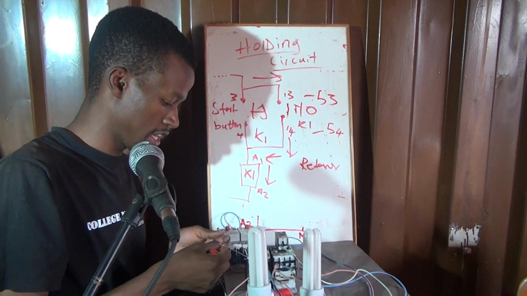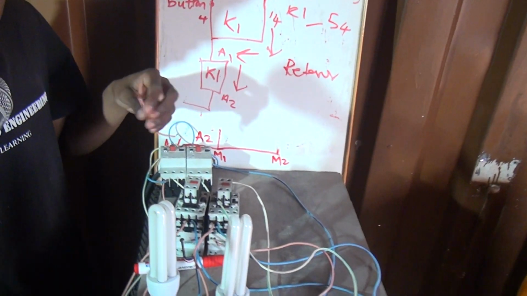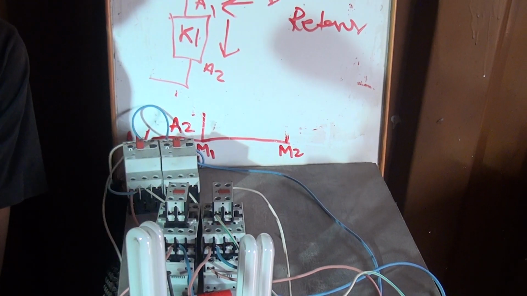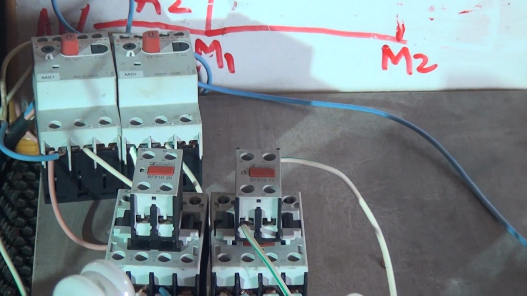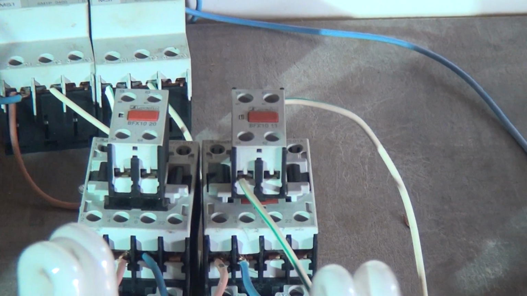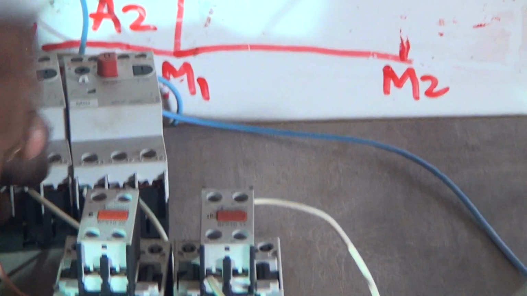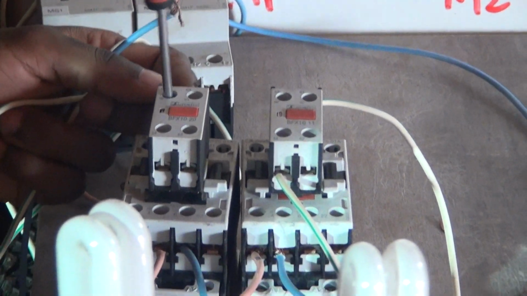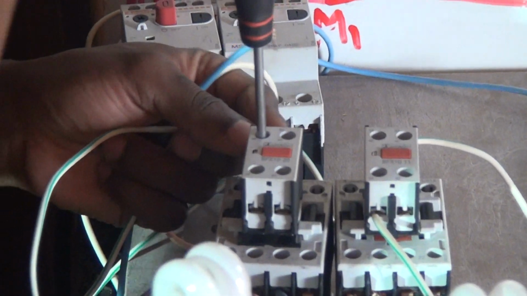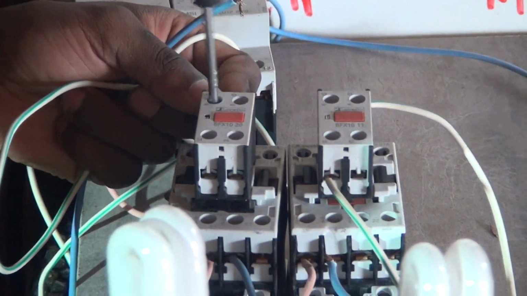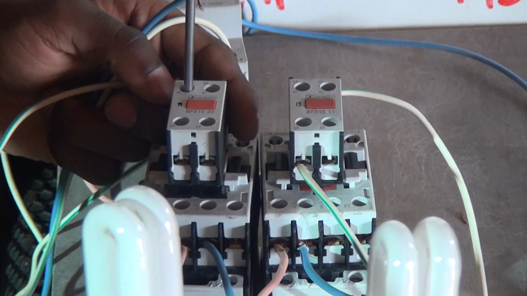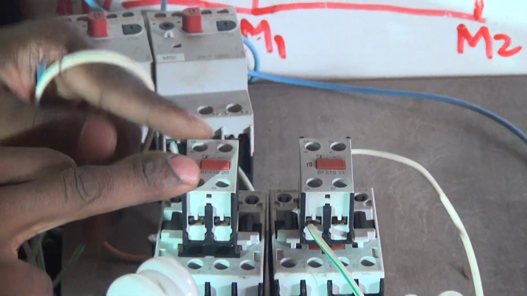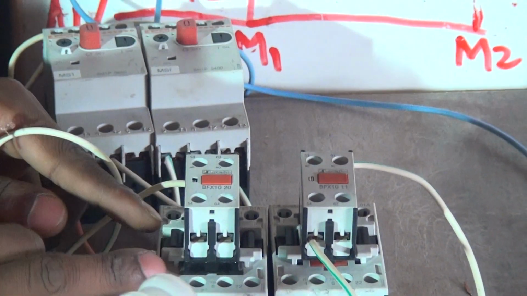So let's come here. What I'm going to do is take 2 wires from this side. Okay. And then I'm going to connect here on number 53. Remember, this is an auxiliary contactor.